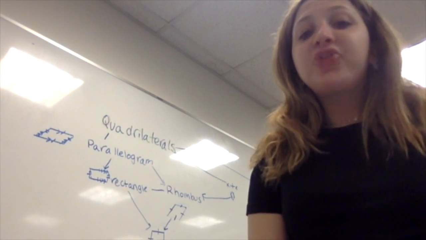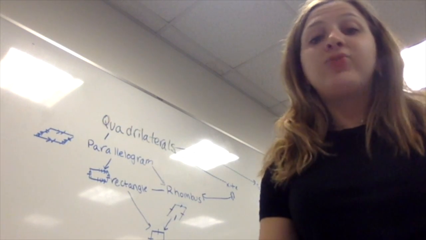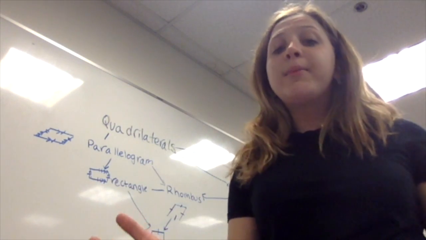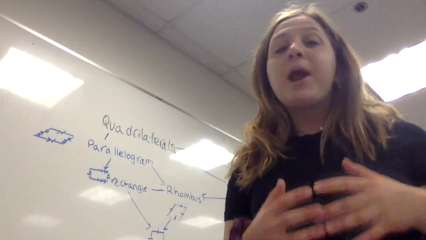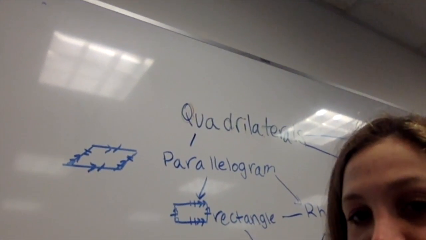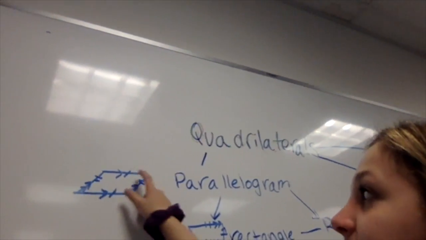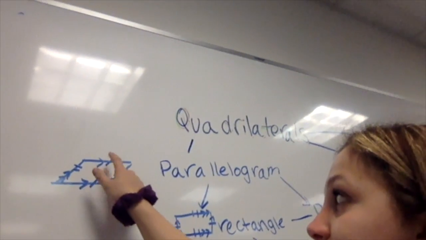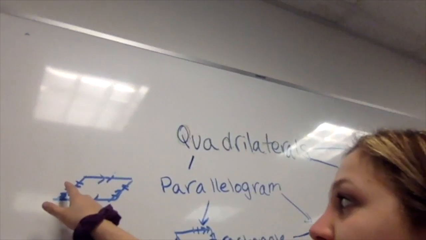So the defining attribute, meaning the mandatory, can't be this type of quadrilateral if it doesn't have this, of a parallelogram, is that it must be a quadrilateral that has opposite parallel sides. So as we see, the parallelogram has all four sides, and the opposite sides are parallel, marked by the arrow. So this side is parallel to this side, and then this side is parallel to this side.